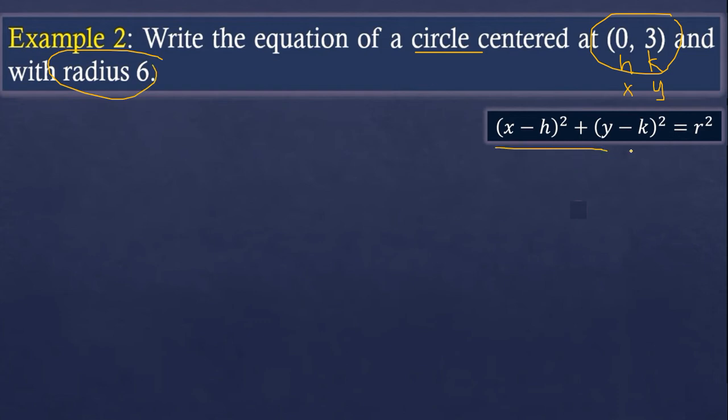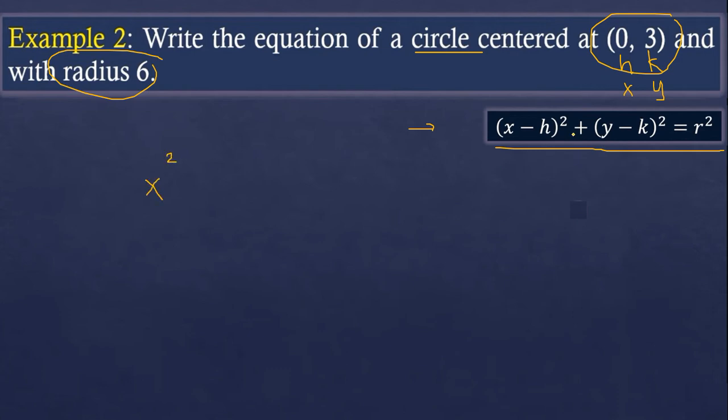So ito yung gagamitin natin na formula: x minus h squared plus y minus k squared is equal to r squared. So, kitang-kita dyan na yung h natin is 0, and then yung k natin is 3. So, just simply substitute the following. Since nandito na yung formula natin, just copy x squared.